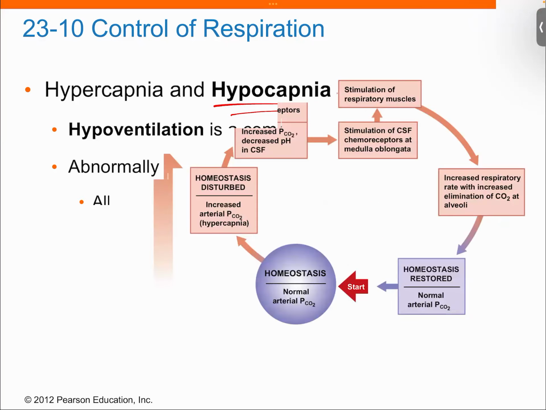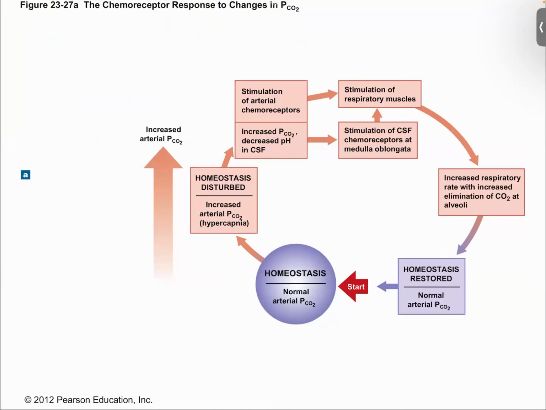So this is kind of what it looks like. So you have your normal CO2. If you increase your CO2 levels, so for instance with hypoventilation, you're not breathing enough, then you're going to have an increase in CO2. This is going to do a couple of things. First of all, it's going to stimulate those chemoreceptors in your arteries.